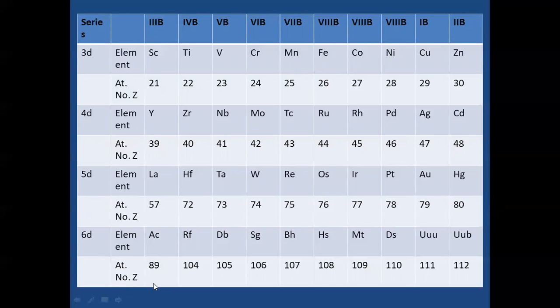Here it will start from 89. As I told you, there are a few elements which are still to be confirmed as naturally occurring elements. Therefore, we can also say it is an incomplete series. So this was about the atomic numbers and the elements present in every series of d block elements.